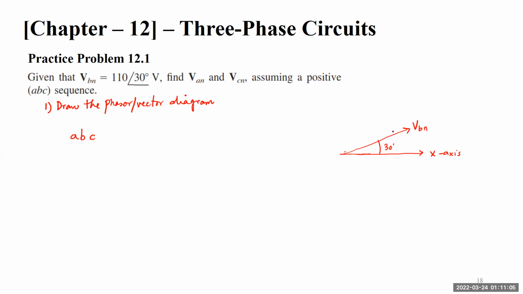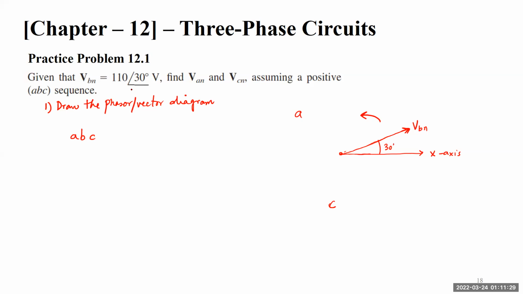Okay, so if B is here and I am rotating in this fashion, what is the next vector that would be coming to cut this? So this will be the C vector. So my C vector will be the next one somewhere here, and the A vector will be somewhere here. Okay, so let's see.